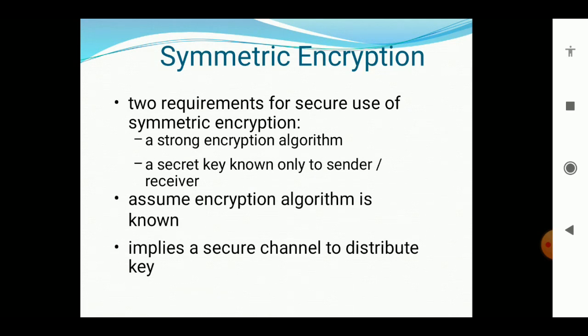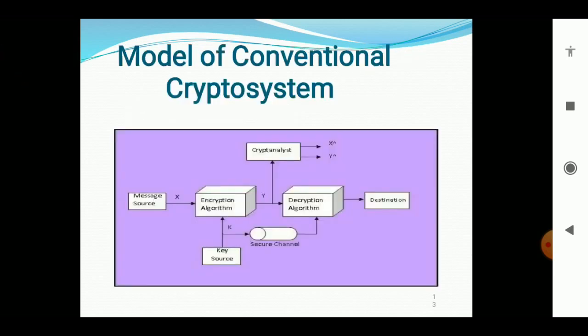When the sender and receiver exchange their key, a secure channel is needed. If the channel is secure and no one knows the key except the sender and receiver, then the symmetric algorithm is perfect for secure transmission.